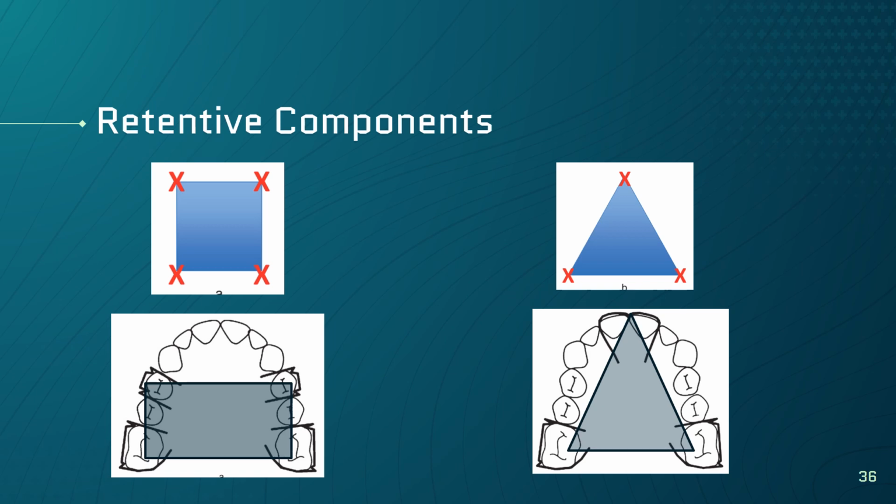In this diagram, you have clasps on the first premolars and the first molars, so the retentive distribution is in a square or rectangle. In this diagram we have two Adams clasps on the first molars, and a Southend clasp on the upper central incisors. So here the retentive components are in a triangular layout.